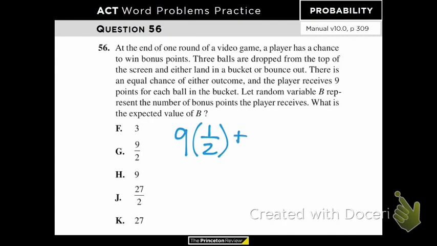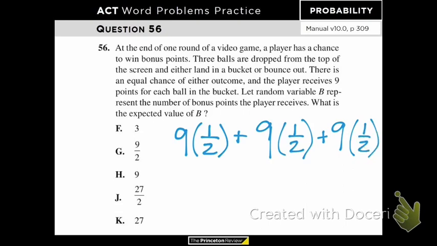And then you want to do this for each bucket possible. So there's 3 chances. So you'll do that plus, and then again, your 9 points total times the 1/2 probability, and then one more time, 9 times that 1/2, which gives us 27 over 2. So J.